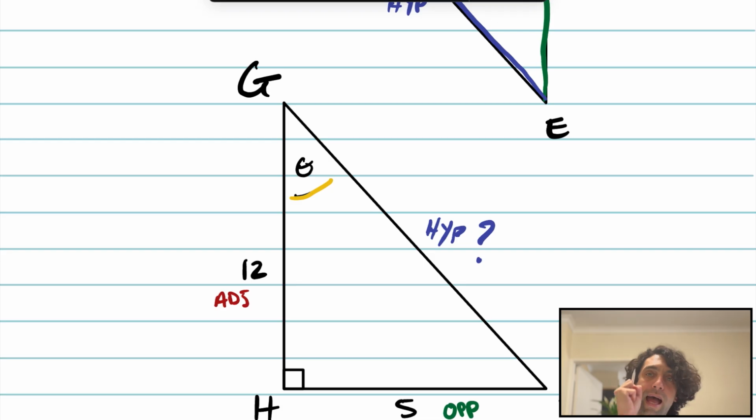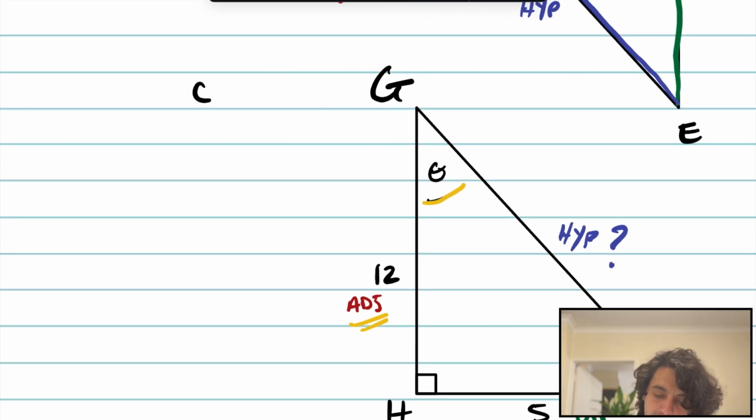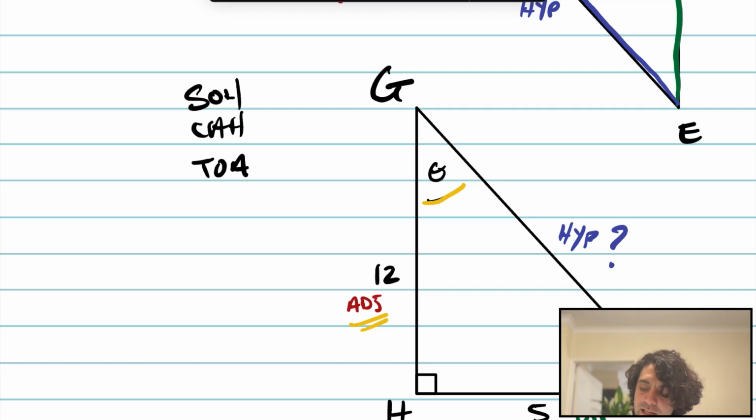Which sides do I have information for so that I can find the value of theta? Well, I have my opposite as 5 and my adjacent as 12. So I need to find a trig ratio from my SOHCAHTOA that has both my opposite and my adjacent.